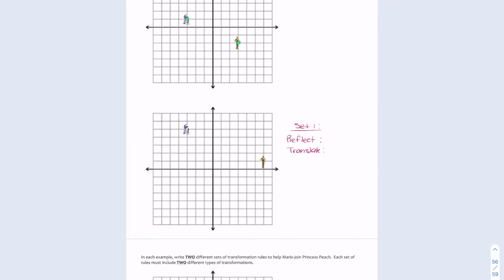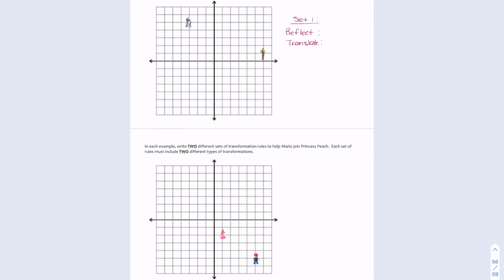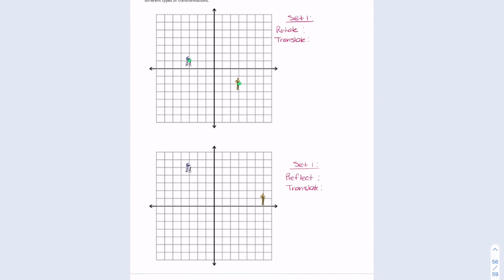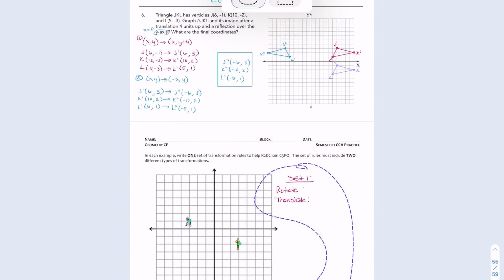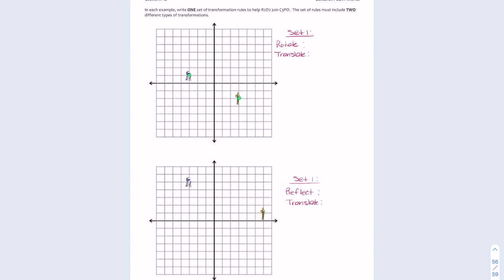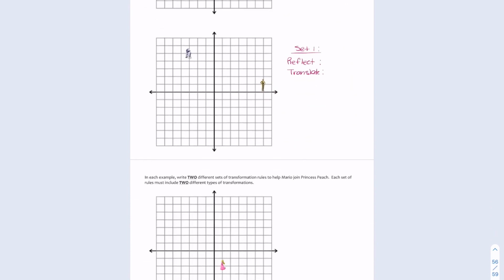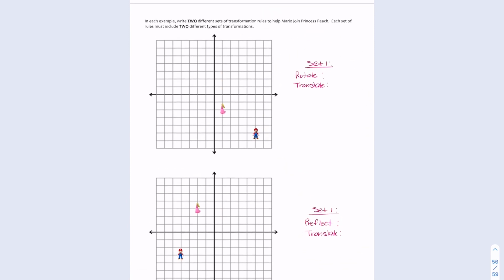Okay? And for this one, it says write 2 different sets. So for these problems, you're going to need 2 different sets.